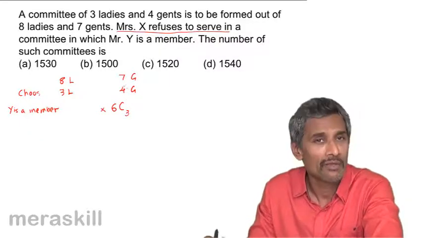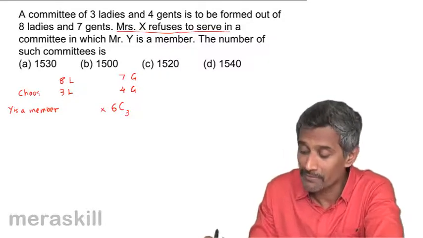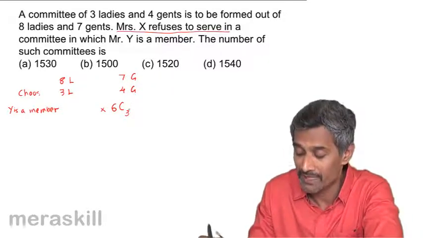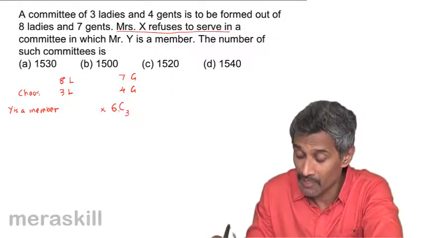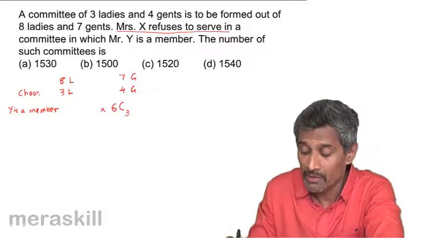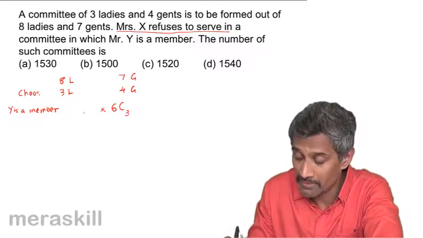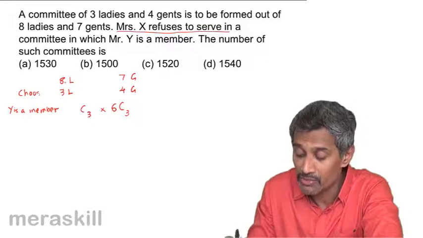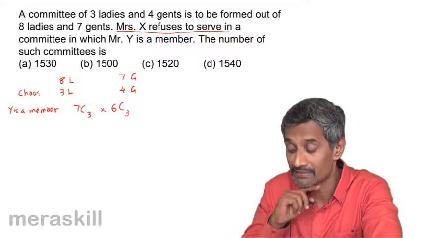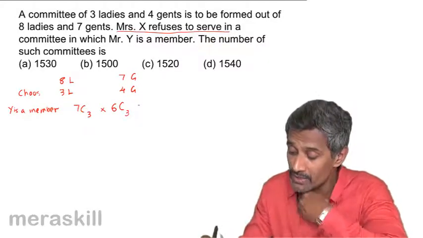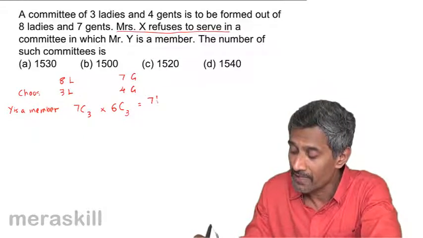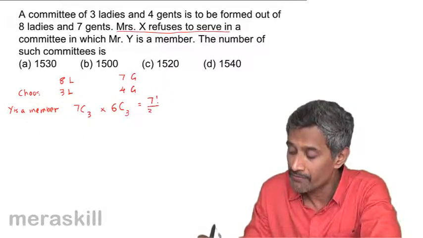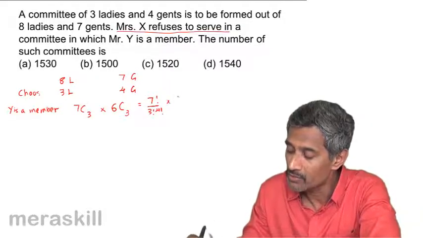That means since Y is already included, the remaining 3 have to be chosen out of 7 minus 1, 6. Now, once Y is a member, Mrs. X is not a member. So that means that 3 ladies have to be chosen out of 8 minus 1, 7C3, which will turn out to be 7 factorial upon 3 factorial into 7 minus 3, 4 factorial into 6 factorial upon 3 factorial into 3 factorial.